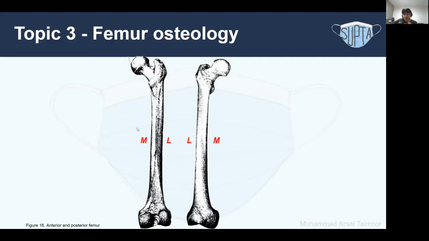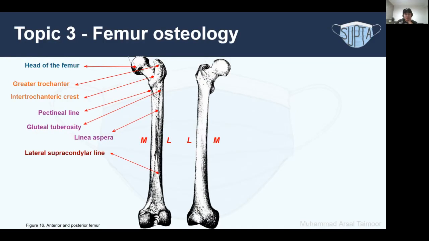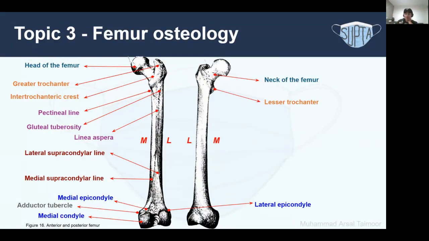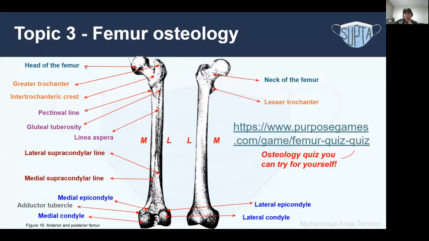So the femur, and I'll go through this quickly because I know we're sort of short on time, but the femur basically has a lot of these landmarks for a lot of these muscles that you should know. I've got a website, so I'm not going to go through all of this. Instead, I'm going to give you a website to use later on. It's a quiz.